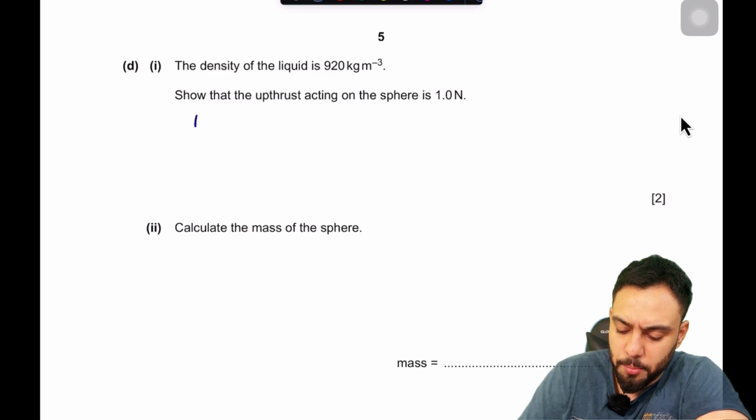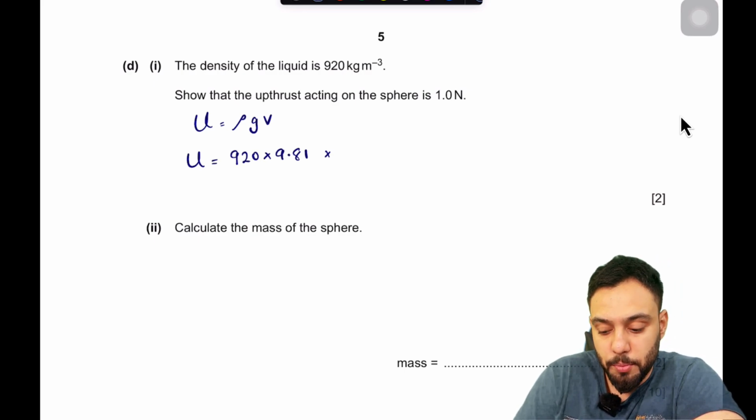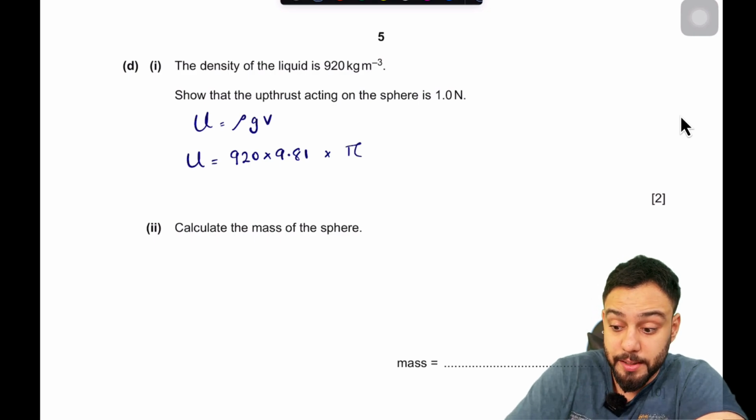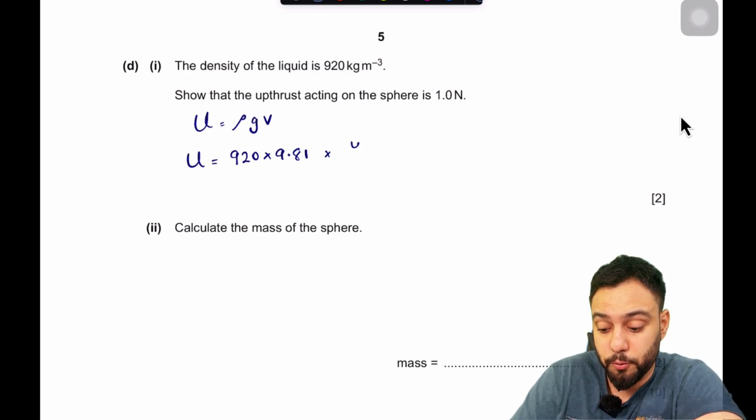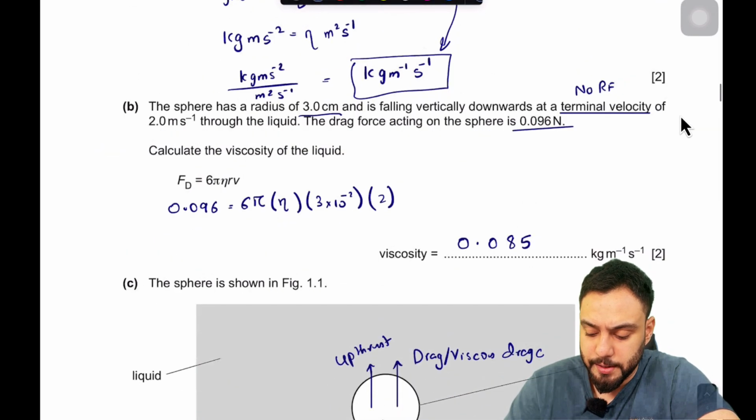Okay, the formula for upthrust goes like this: rho g V. So for upthrust, the density is 920, the gravity is 9.81. As far as the volume is concerned, it's a sphere. So the sphere volume formula is 4 over 3 pi r cubed. You have the radius of the sphere, that's 3 centimeters.